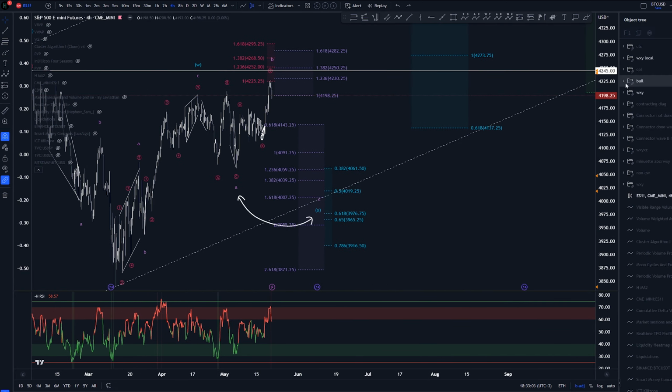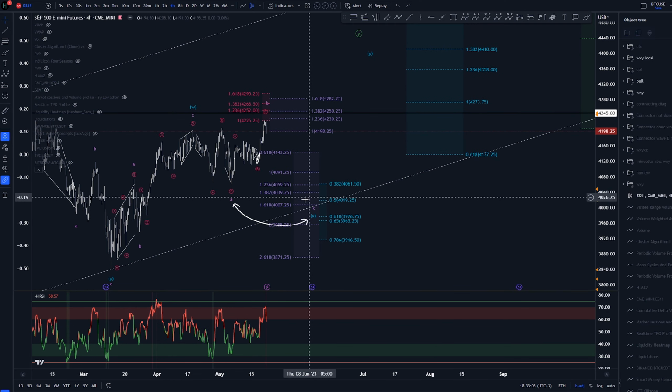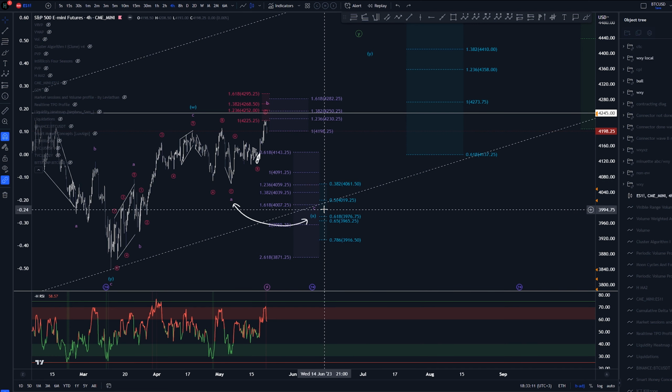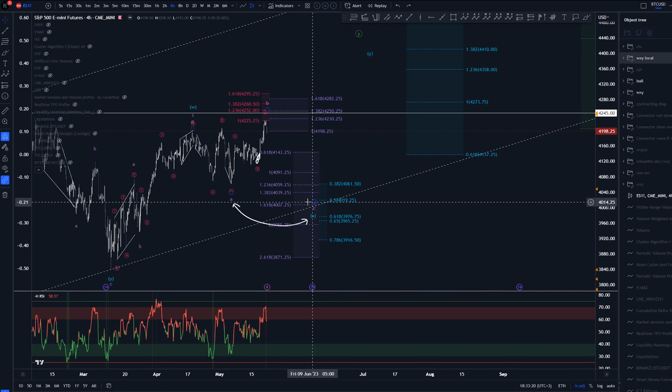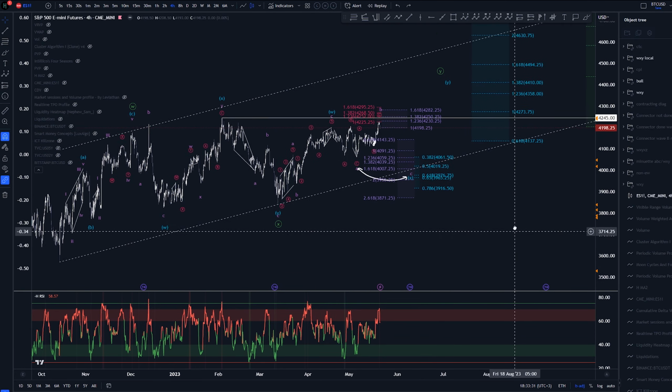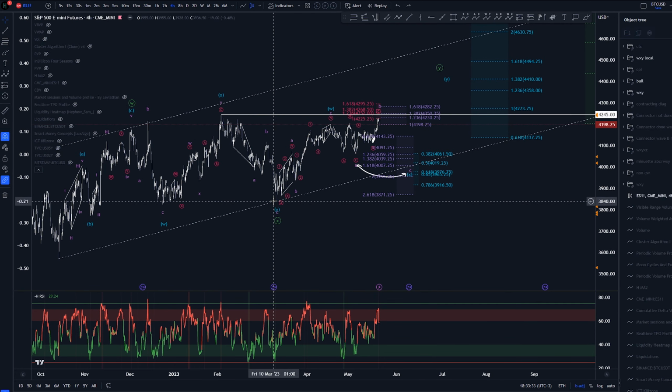But for me at this point, the idea is that we would be looking for lower prices, whether it is the 38.2 or the lower 0.5. There are no really close extension and retracement targets here, but somewhere around $4,020 to $4,000 is a key area as well. 0.5 retracement, 1.618 of this ABC, and also the channel that we've had drawn in from here.